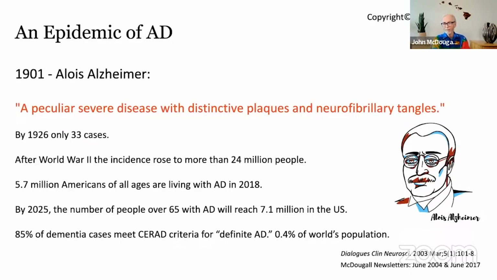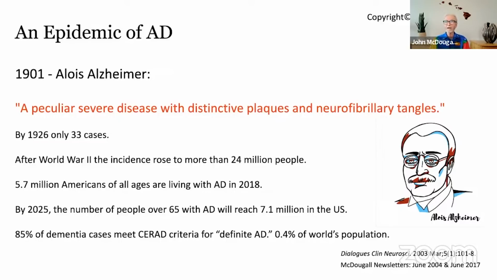Louis Alzheimer discovered this disease in 1901, and of course, that's where the name comes from. He noticed a patient who had rapid progression of dementia, more rapid than you expect to see. He looked at the brain of this patient, after the patient died, of course, under the microscopes they had in those days.